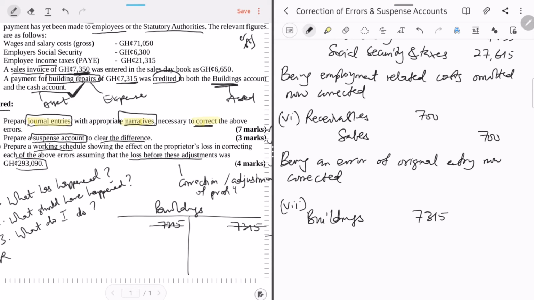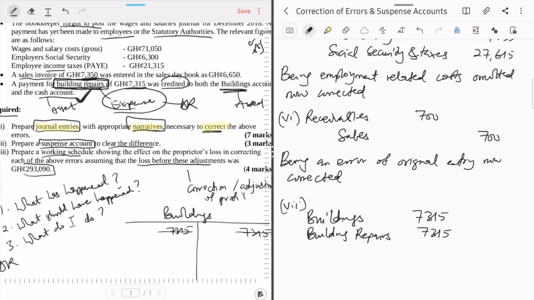Now, what is the right thing to do? They said it's a payment for building repairs. I told you expenses have what? A debit balance. So if I now have to properly record the expense, what do I do? I record building repairs 7315, and the question is, what goes to the credits? Is it cash?